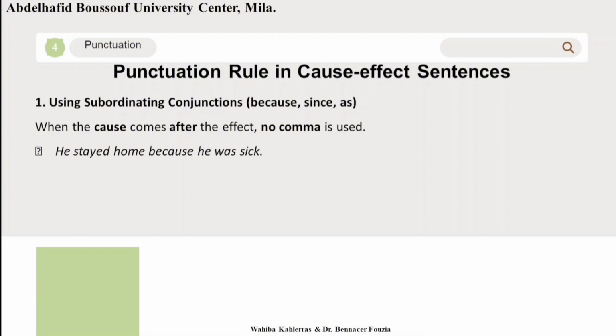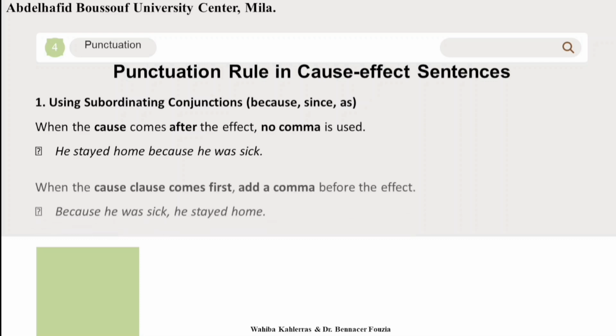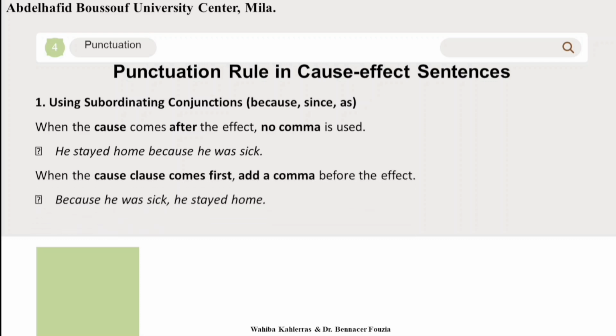He stayed home because he was sick. So when we have these conjunctions in the middle of the sentence, they need no punctuation. When the cause, however, comes first or in the beginning of the sentence, we add a comma before the effect. Because he was sick, he stayed home.